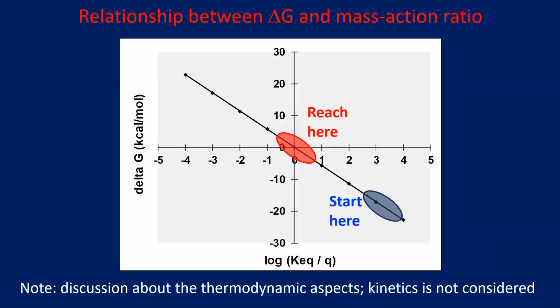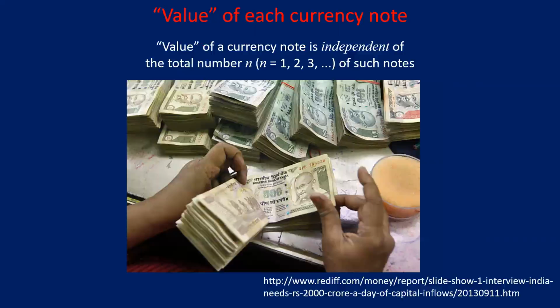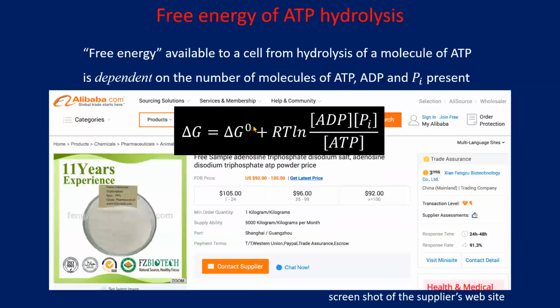So how do we understand this in a cellular context? When we think about ATP hydrolysis, we can write delta G equal to delta G naught plus RT log ADP divided by ATP. The free energy available to the cell from hydrolysis of an ATP molecule depends on the number of molecules of ATP, ADP, and Pi present.